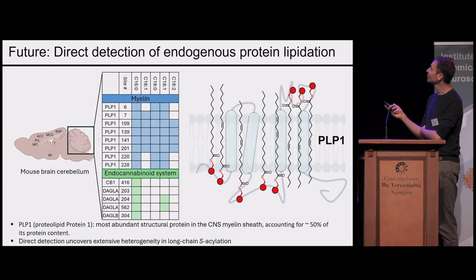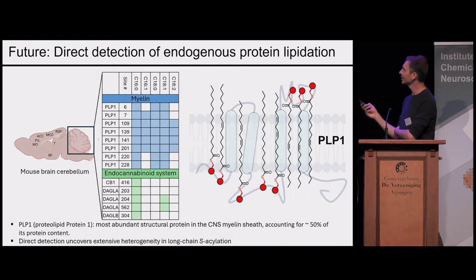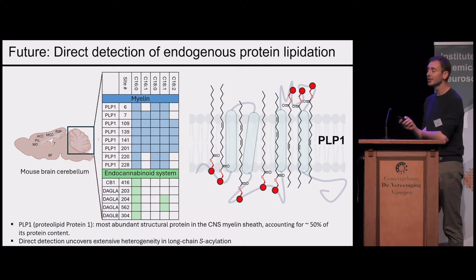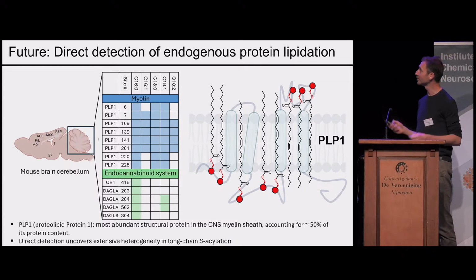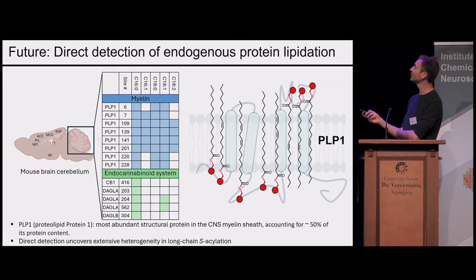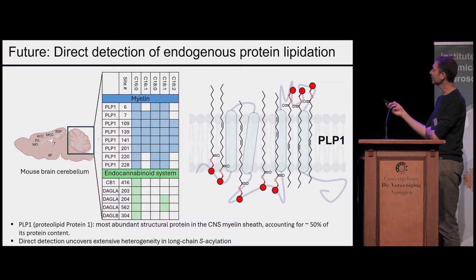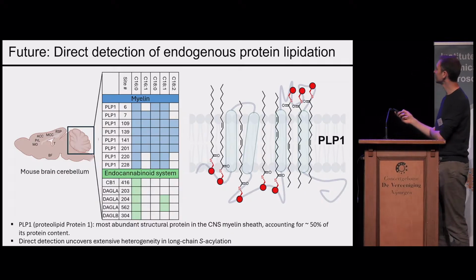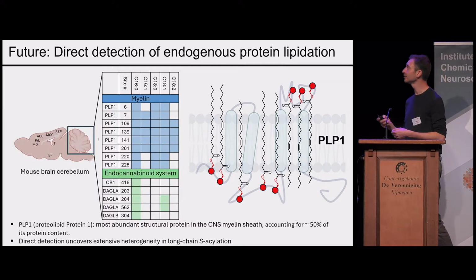Here's a sneak preview of recent data where we did this analysis. We can now do this for hundreds of proteins at the same time. For example, here we see this direct detection data on PLP1, which is a key protein in the myelin sheets. It accounts for almost 50% of the protein content in the myelin sheets.